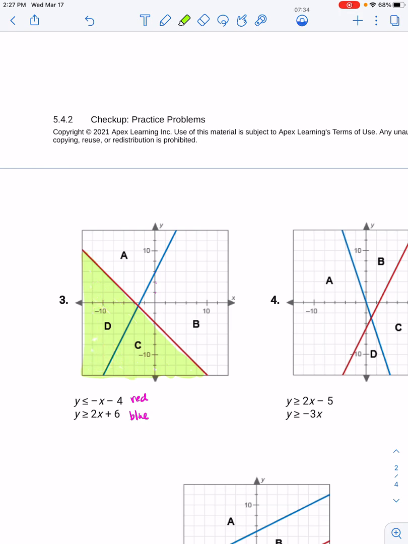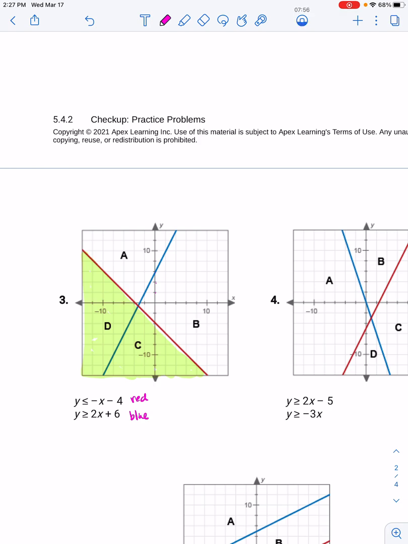All right, and we know that it's less than because if we look at our number line, going this way is negative 10, going down is negative 10, so it's less than. And then the other one is our blue, so it's y is greater than 2x plus 6.